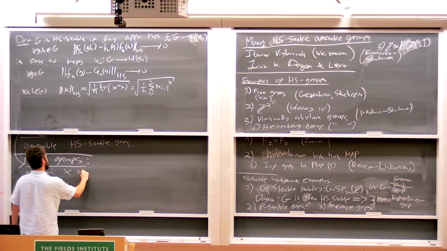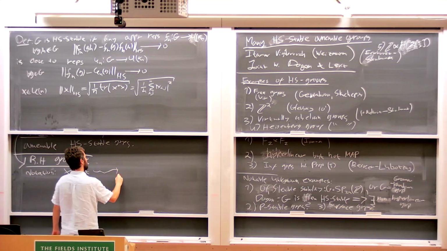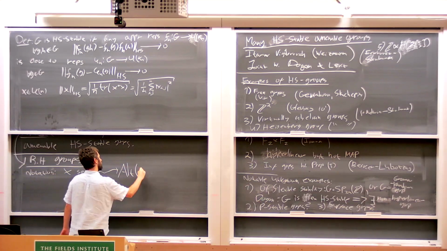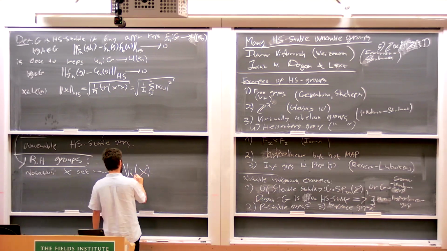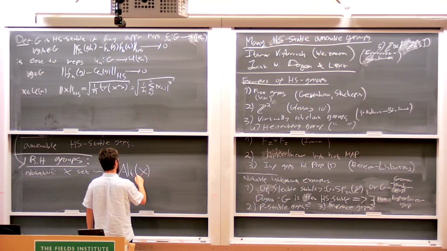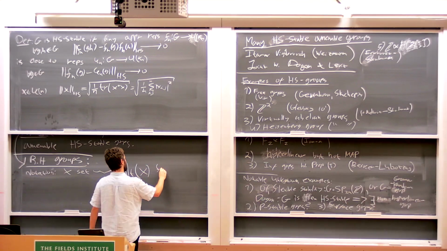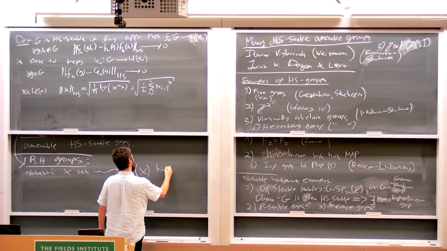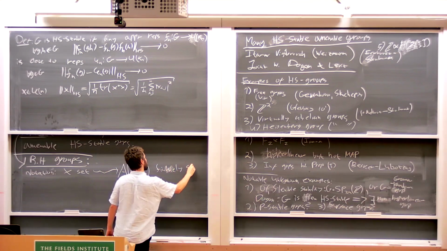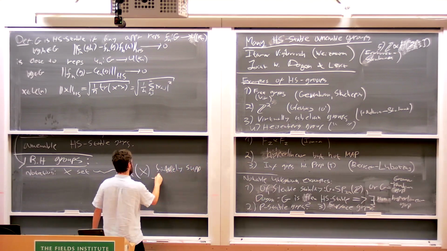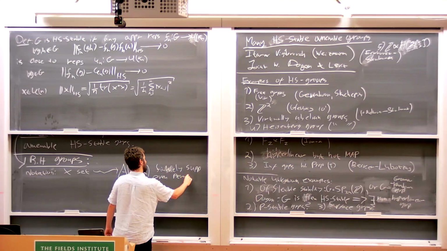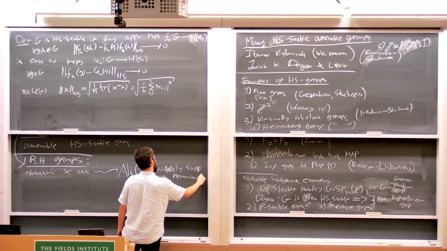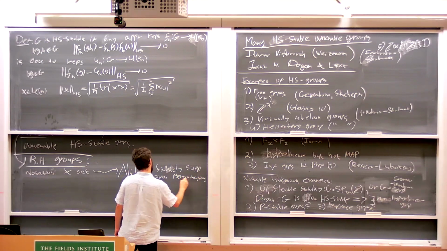If X is a set, I'll use this to denote finitely supported even permutations on X.